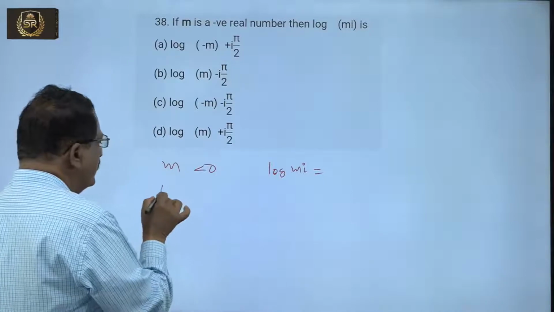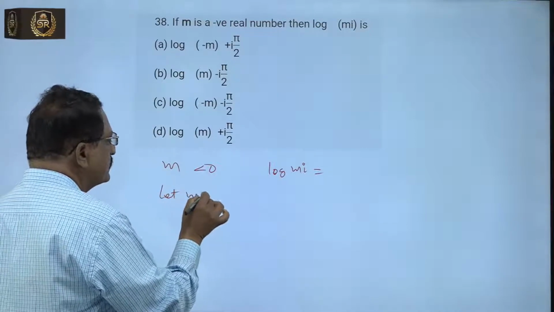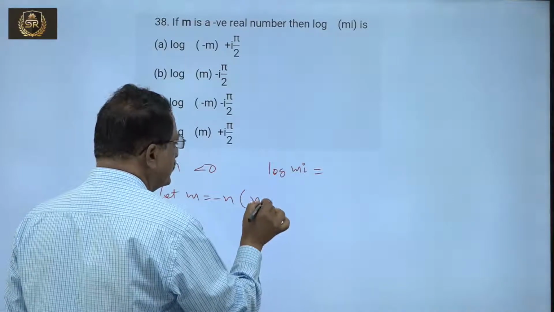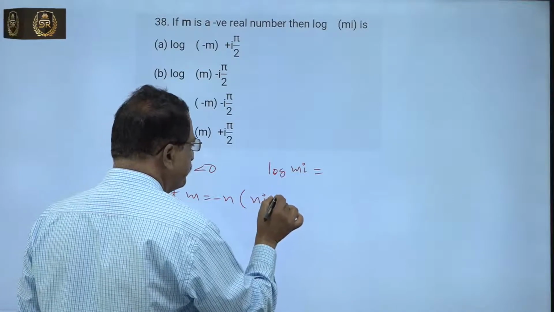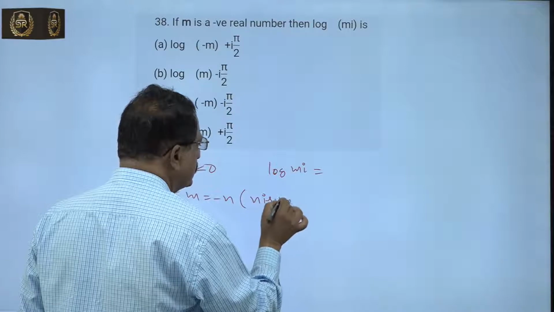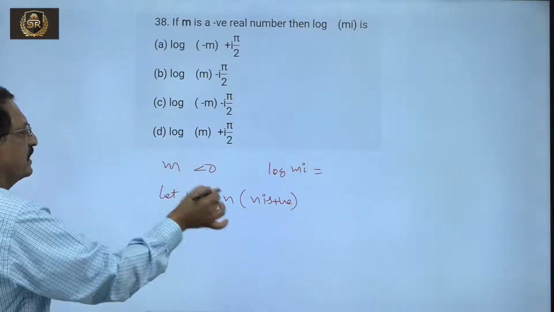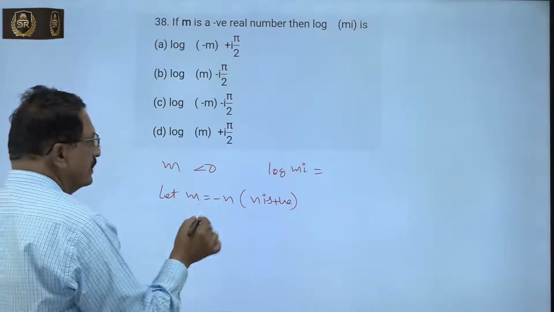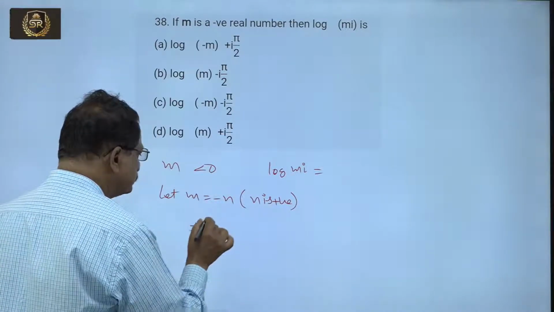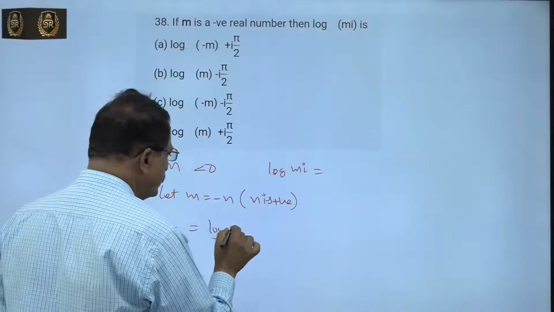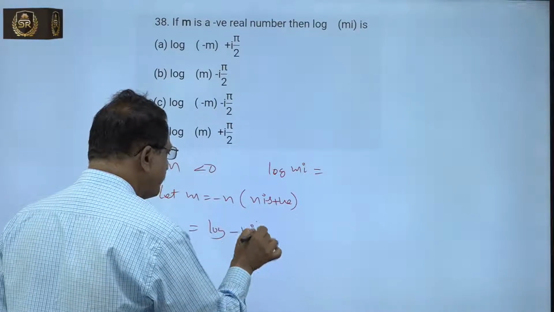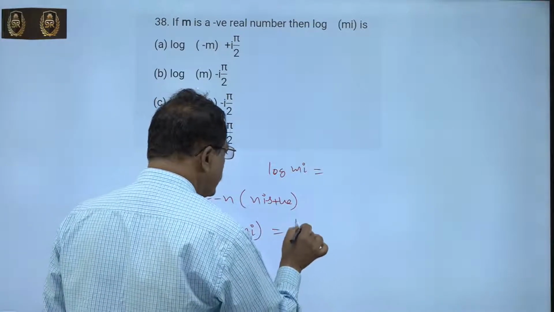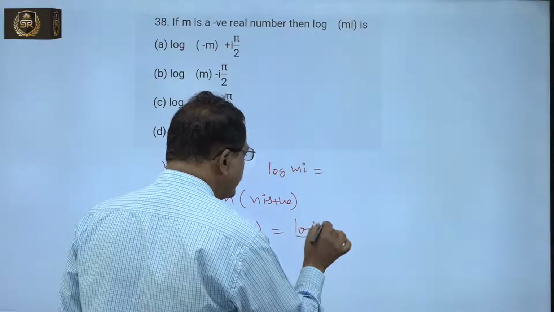Here let m equals minus n, where n is positive, because m is negative. Now that equals log of minus ni, which equals log of n times minus i.